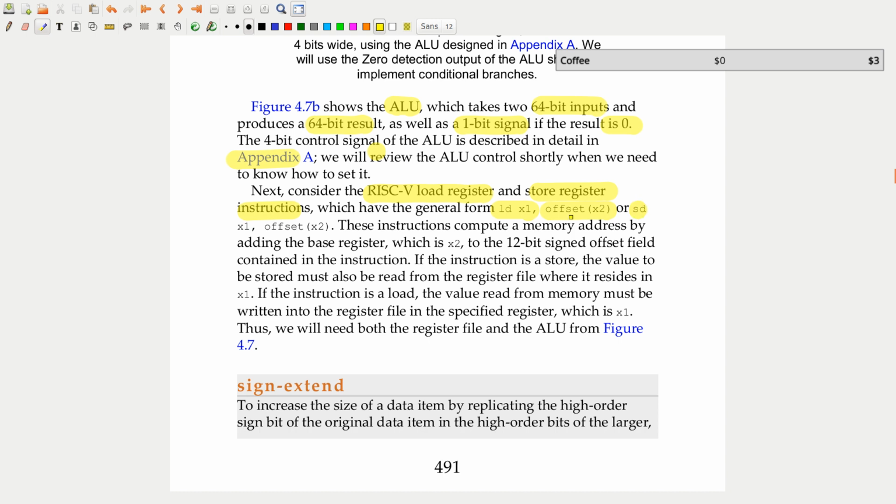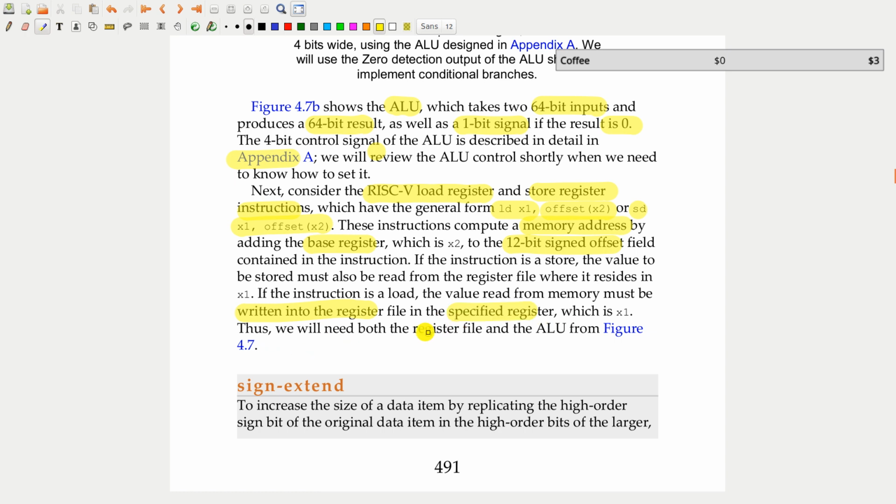Or with the store instruction, we're going to store the value held by x1 into the memory location held by x2 with the offset, maybe 12, 16. These instructions compute a memory address by adding the base register to the 12-bit signed offset field. If the instruction is a load, the value read from memory must be written into the register file in the specified register.